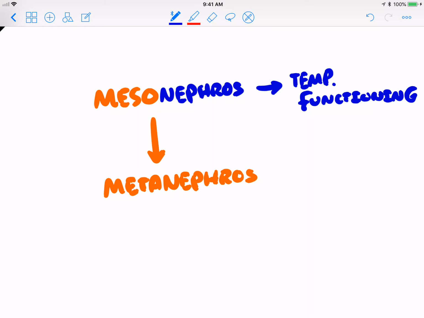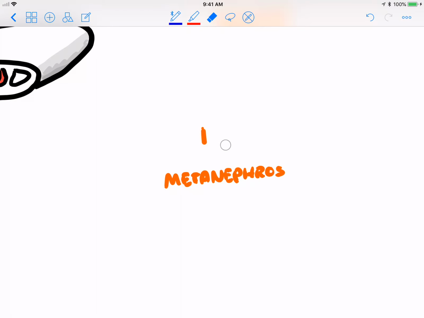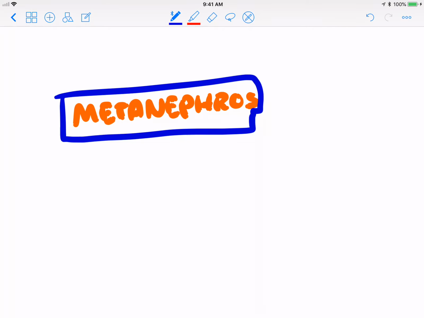In males, some of it sticks around. Some of the caudal-most parts of the mesonephros stick around, and they will turn into the Wolffian duct, which gives rise to the genital system. Okay, and in females it pretty much entirely goes away. Some of it can stick around, but for the most part it goes away. Then we have the development of the metanephros, and that's the most caudal part.